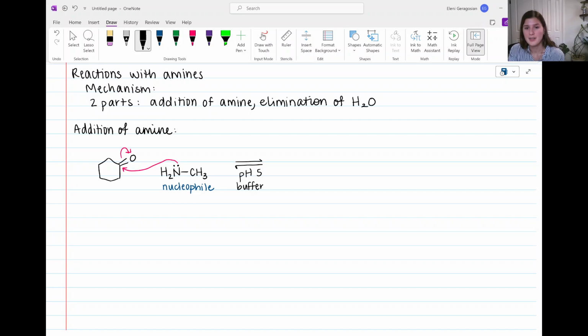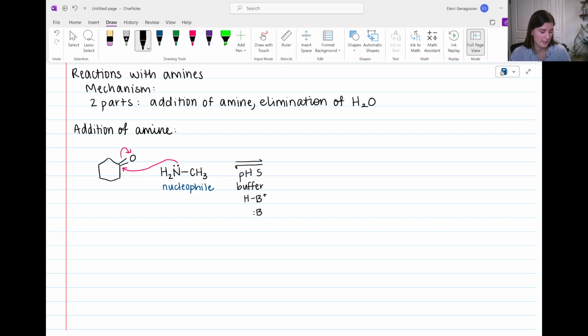But when we have a buffered solution or solution with an acid or a base, just like we did for the acetal and the ketal reactions, where we had neutral solvent and protonated solvent present, well, we'll say that we have some acid, HB, and some base, just neutral B, available in solution.